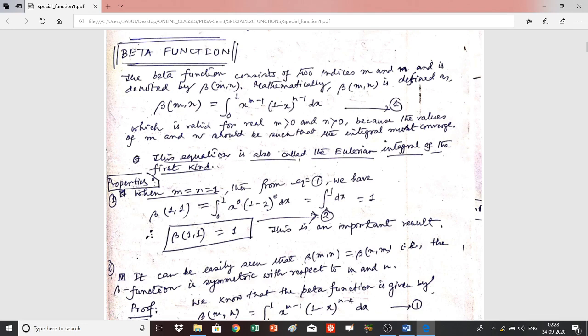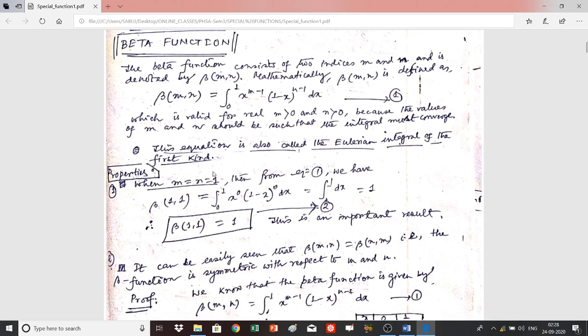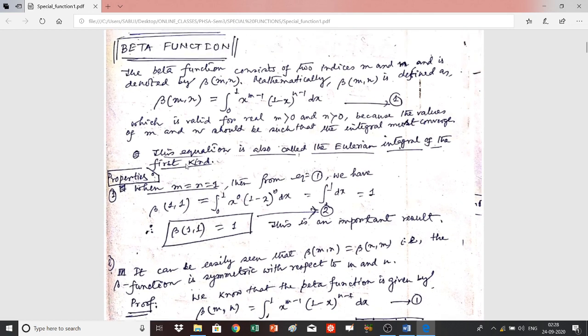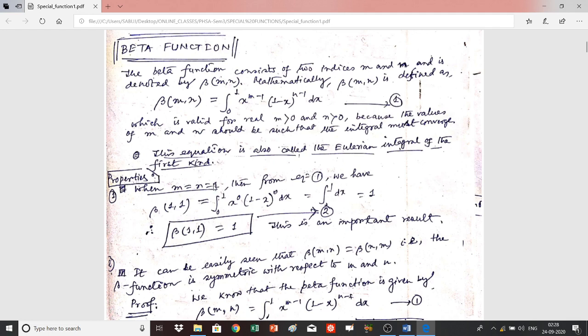So now we wish to study its properties. In this case, first we consider that the two indices m and n are both equal to 1. If m and n are both taken as 1, then we can easily understand from equation number 1 that beta 1 1 is equal to the integral from 0 to 1 of x to the power m minus 1, that is x to the power 0, and 1 minus x to the power n minus 1, that is also power 0, dx.